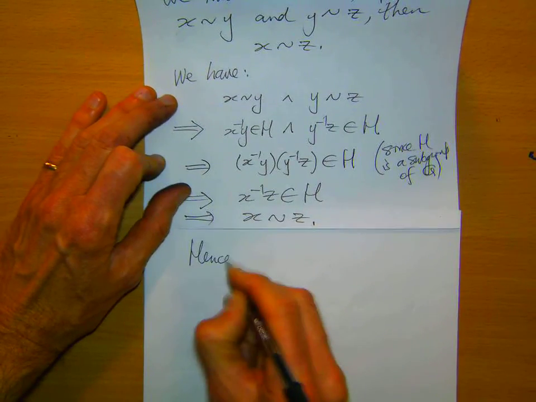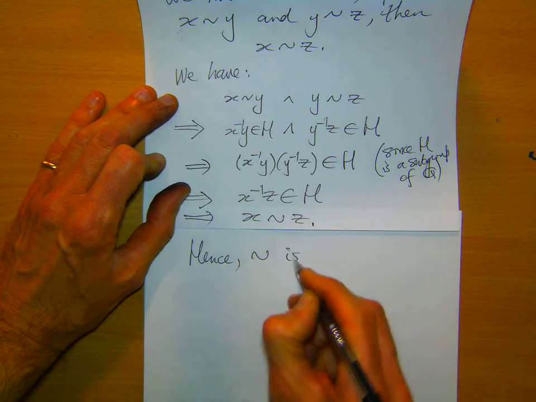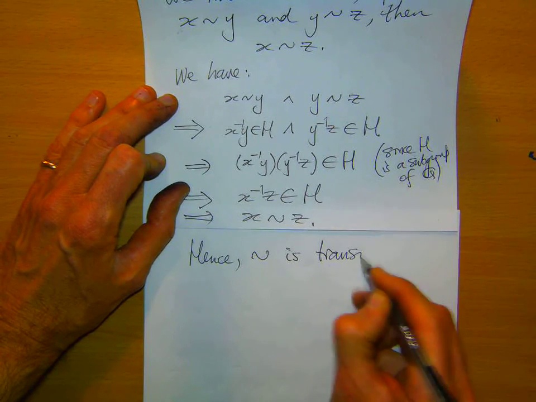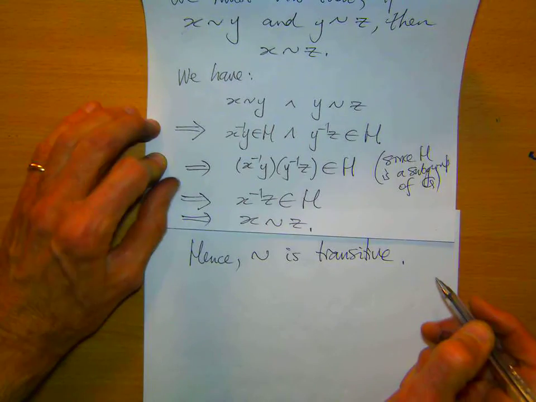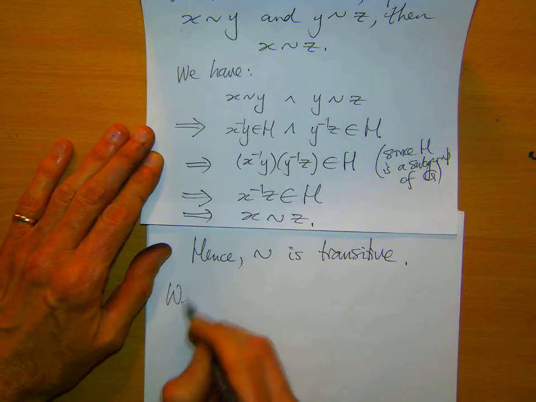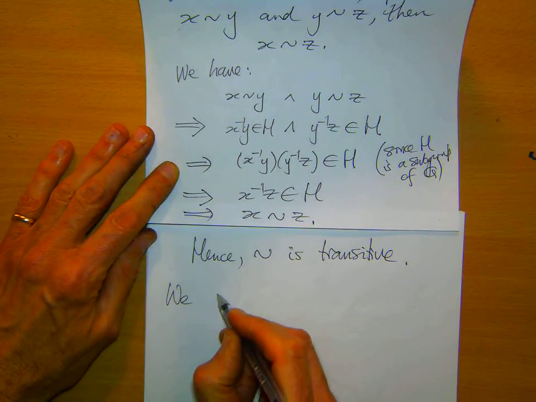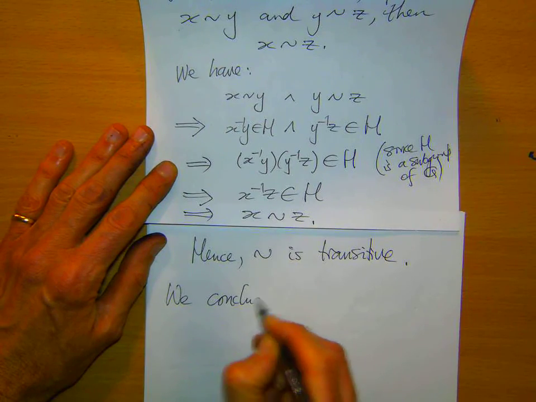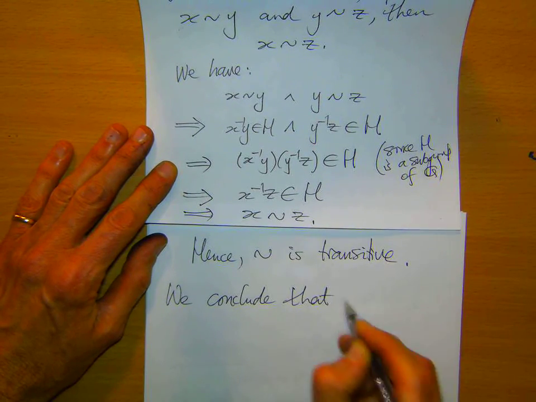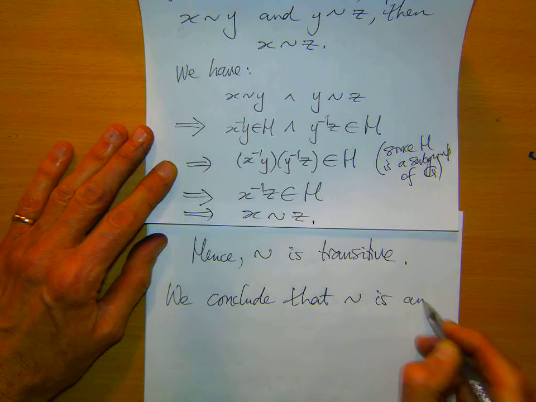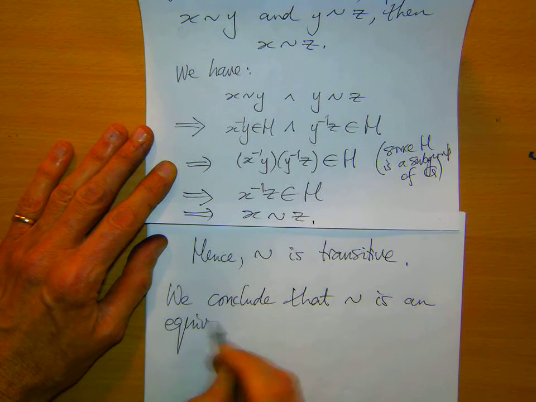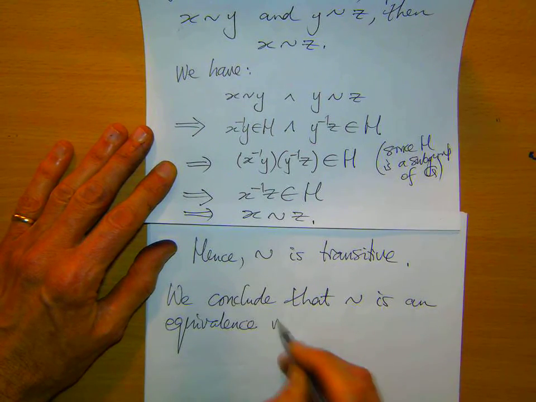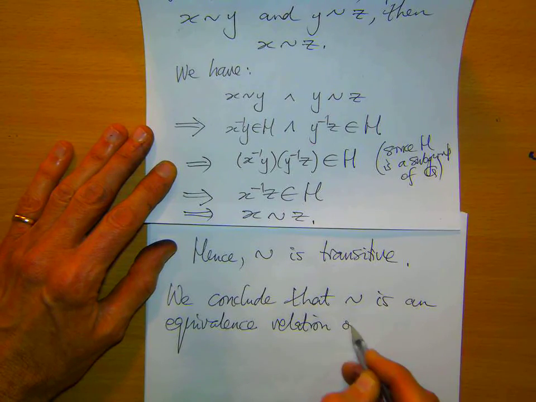So hence tilde is transitive. So our conclusion is we've checked reflexivity, symmetry and transitivity. We conclude that tilde is indeed an equivalence relation on G.